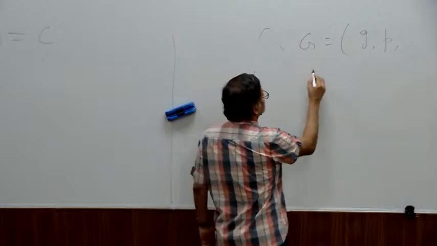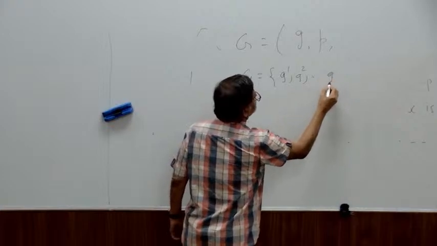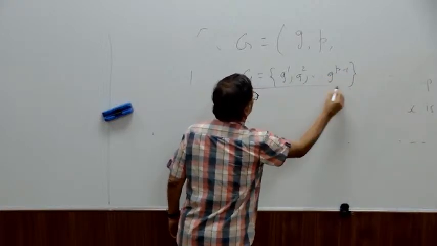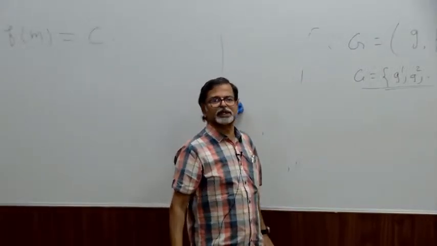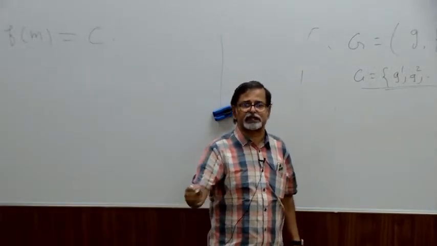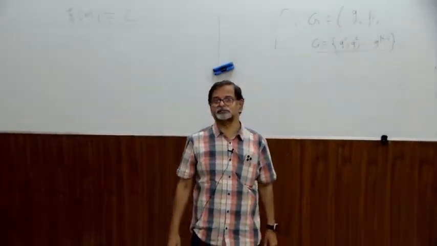G is in fact g power 1, g power 2, up to g power P minus 1. All of them will make up this G. This is called the cyclic group. In this cyclic group, the discrete log problem is qualifying as a one-way function.